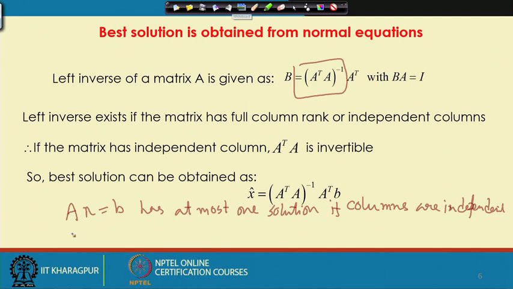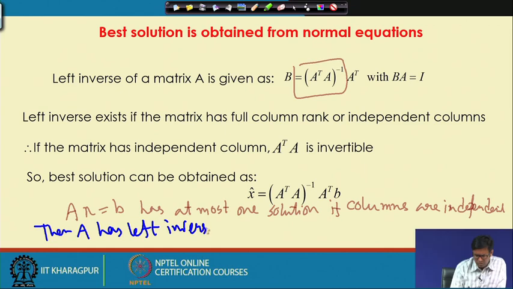It may not have any solution, but if it has a solution, it will have at most one solution; it cannot have infinite solutions if the columns are independent. And in that case, if this has at least one solution, then A has a left inverse and A transpose A is invertible.